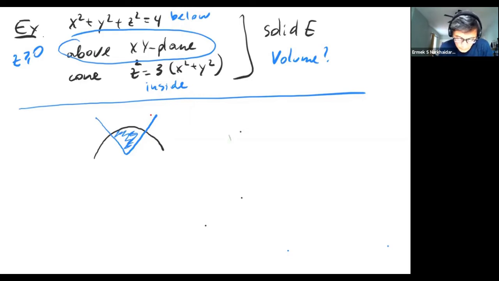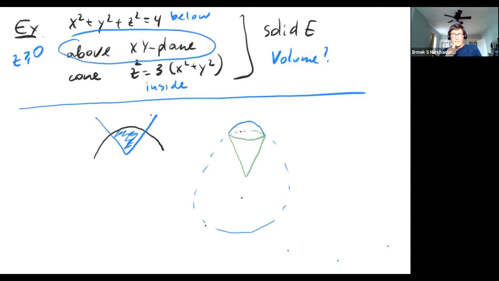So we have a cone, and the cone has a top which comes from that sphere. It looks like this. It looks like a cone filled with ice cream, something like that. You see that. Right, so we want to find its volume.